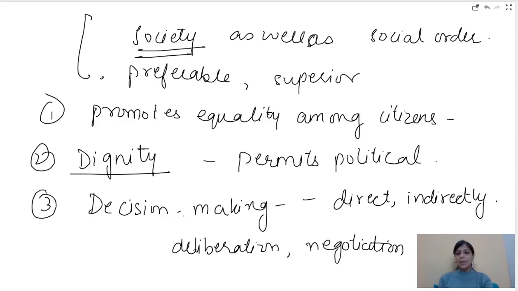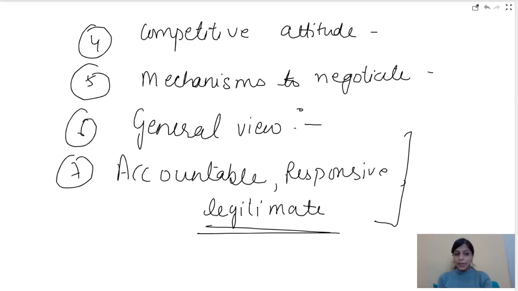It promotes equality among the citizens, ensures that there is dignity among the citizens, and dignity of the individual, may it be women, may it be the marginalized section. Then it involves quality of decision making. Then we talked about how it develops a competitive attitude because it adjusts the diversity and the differences.